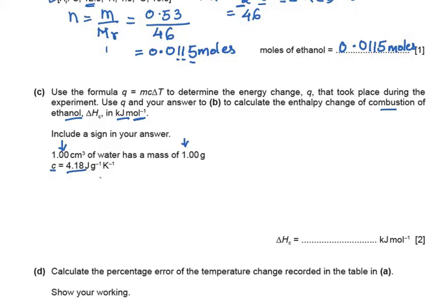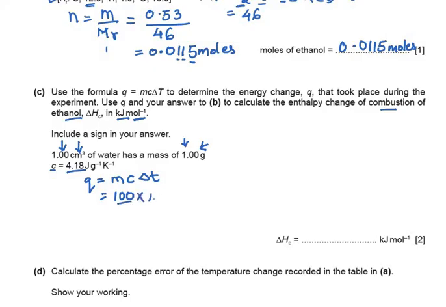So let's substitute all these values here. Q equals mc delta T. Now in this question, m is the mass of the water used. We have seen in the earlier part of the question that 100 centimeter cube of water is used, and as we know that 1 centimeter cube of water is 1 gram, so the mass ends up as 100 gram of water.